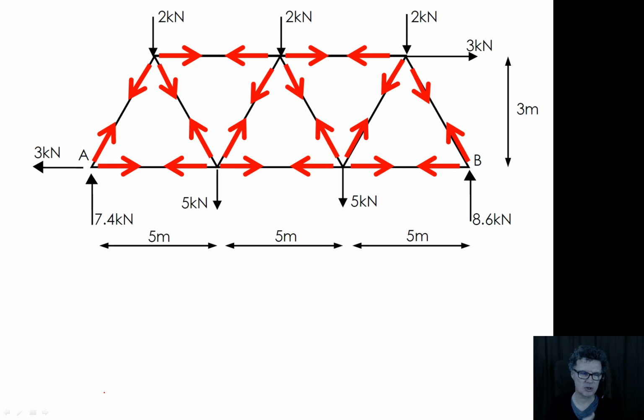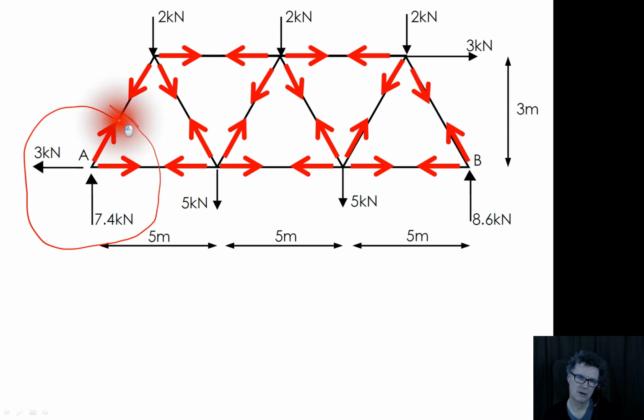So that structure, that framework that we had, what we can do is we can imagine we've got all these internal forces going on in each member. So we've got an internal force here, an internal force here. Now where they exactly lie, it all depends on how I'm going to make the cut. So if I make a cut around here, that internal force will come up to that cut, and that internal force will come up to that cut.